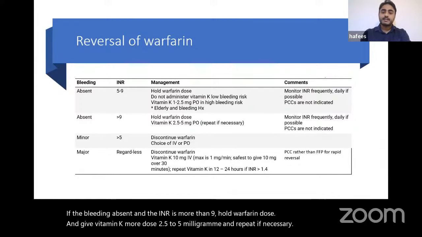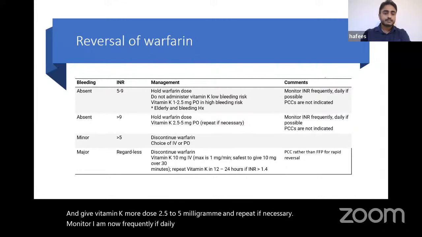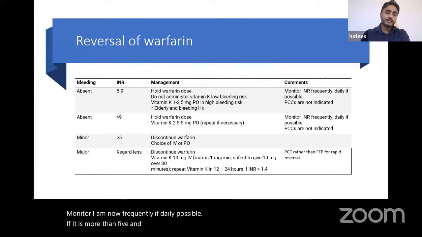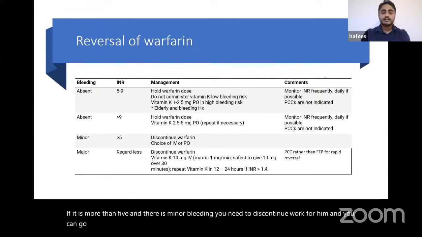Monitor INR frequently, daily if possible. If it is more than 5 and there is minor bleeding, you need to discontinue warfarin and you can go to the choice of IV vitamin K.